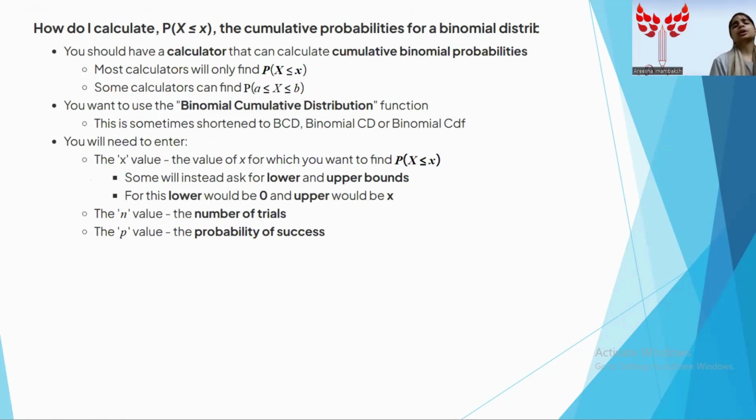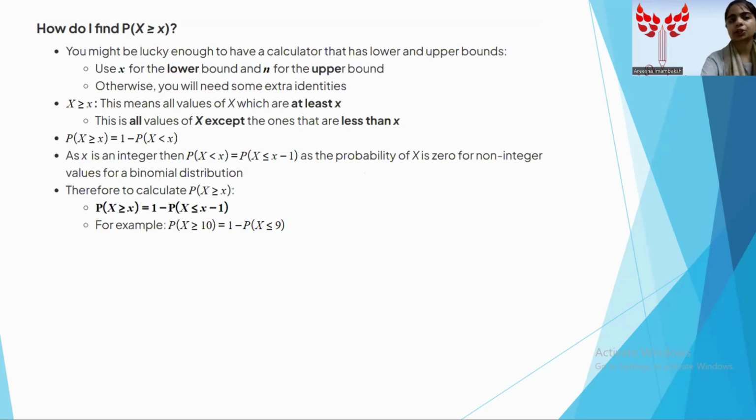Now, when you need to calculate the probability of X less than or equal to x, that is, you have to find a cumulative probability. Either some calculators give the function, or otherwise, the lower is 0 and the upper is x. So you can add all of them, 0 till x, because x is even included.